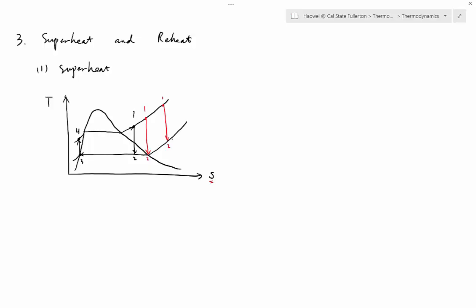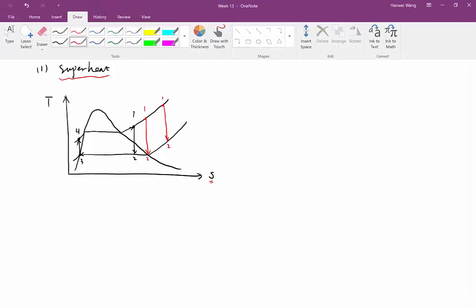Because if you can move further to the right, what's going to happen to the area of the enclosure? The area of the enclosure will become bigger as the location of number one moves to the right. So that's why the first method for us to increase the work or efficiency is superheat. The more superheated number one is, the better your system is.